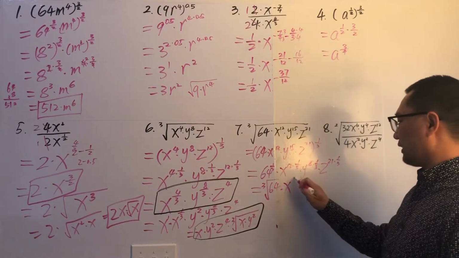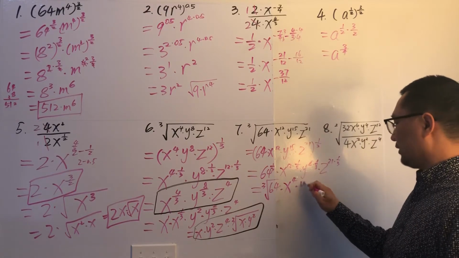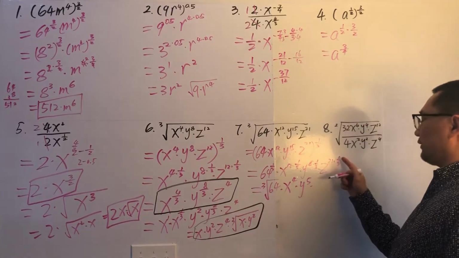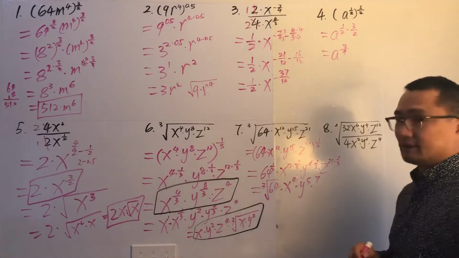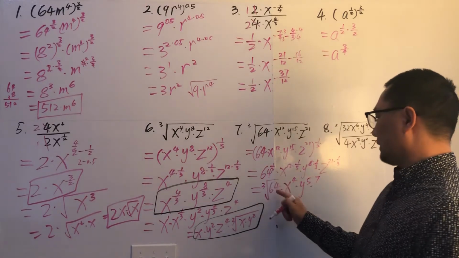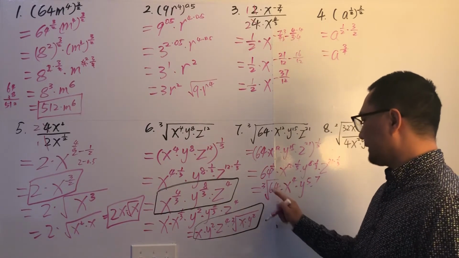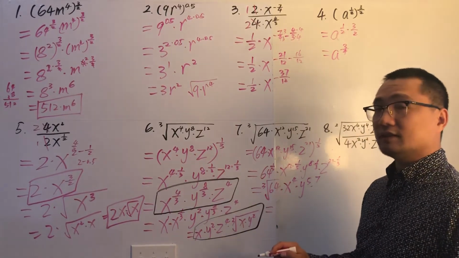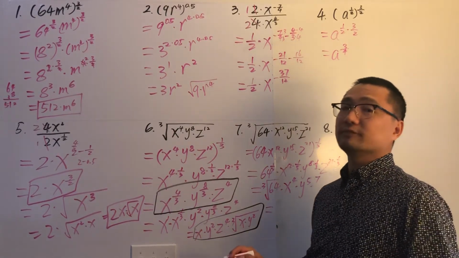12 times 1/3 is 4, right? Times y, 15 times 1/3 is 5. Times z, 21 times 1/3 is 7. Okay. Also, what is cubic root 64? 4 times 4 times 4 is 64.